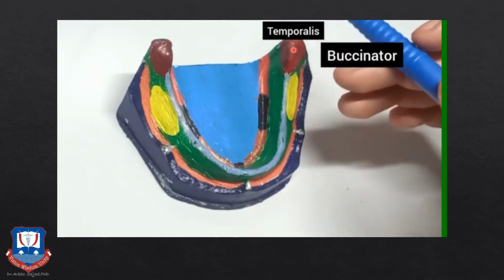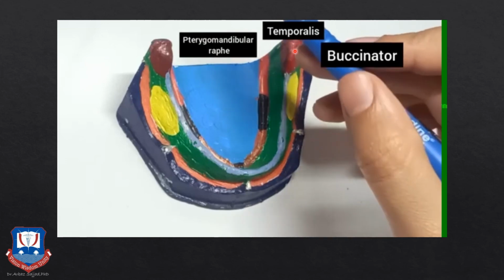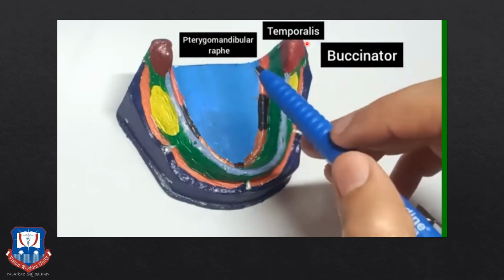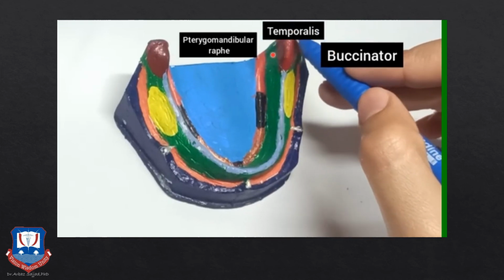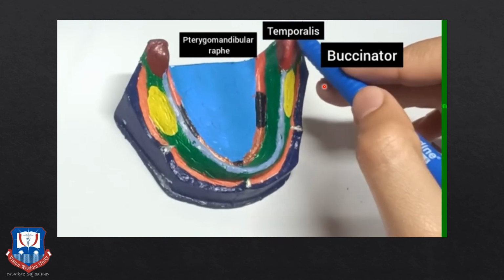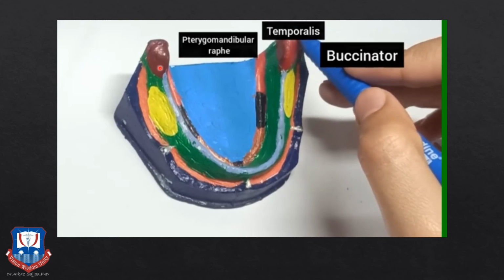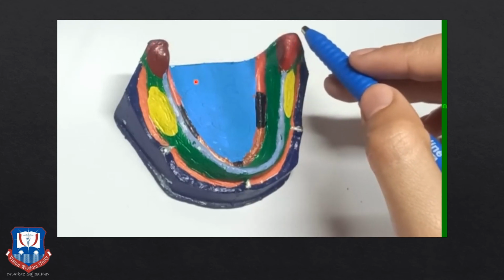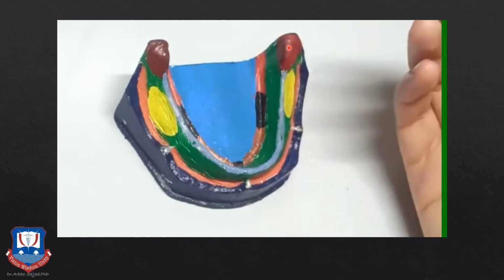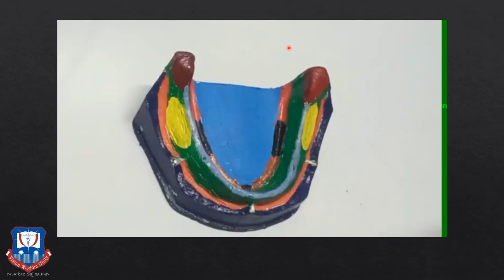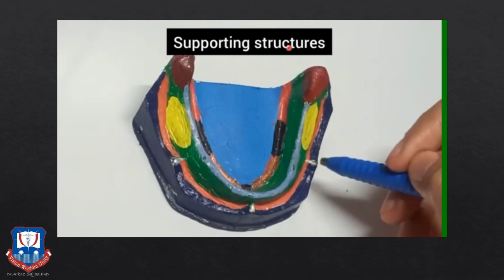The buccal shelf area consists of loose areolar tissue, and the retromolar pad area consists of fibers of temporalis, buccinator, pterygomandibular raphe and the superior constrictor muscle, which form the limiting structures of the posterior part of the denture on either side. The retromolar pad contains loose areolar tissue and also sometimes contains Fordyce granules.